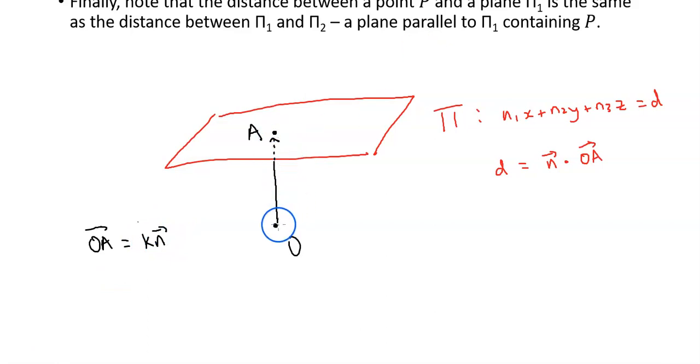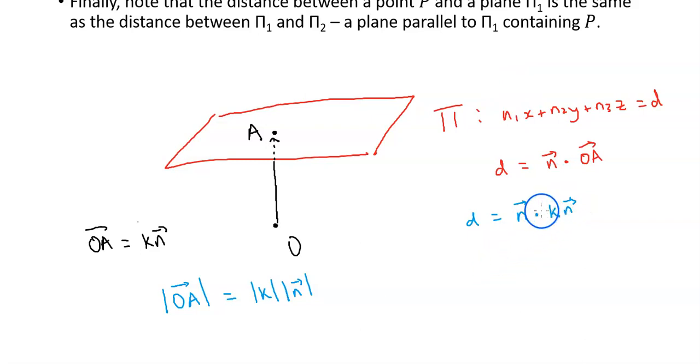Which would mean that the length of OA, which is the distance of the plane pi to the origin O, is equal to the absolute value of k times the length of n. And meanwhile, we also have that d is equal to n dotted with OA, which is k times n.